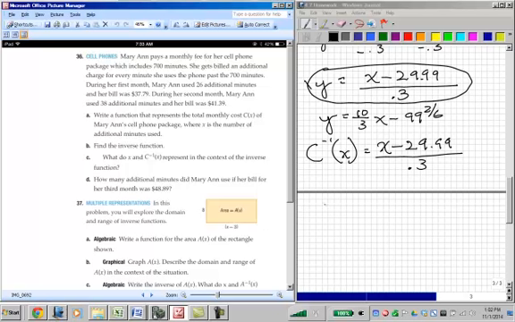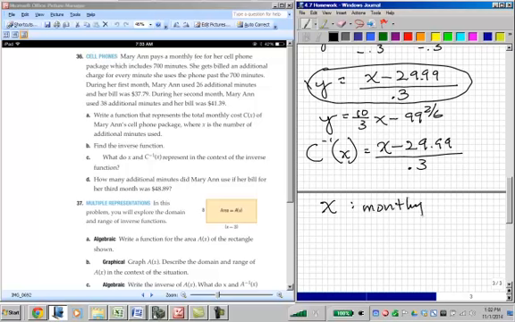So x is the monthly bill, and the inverse of that is the number of extra minutes.